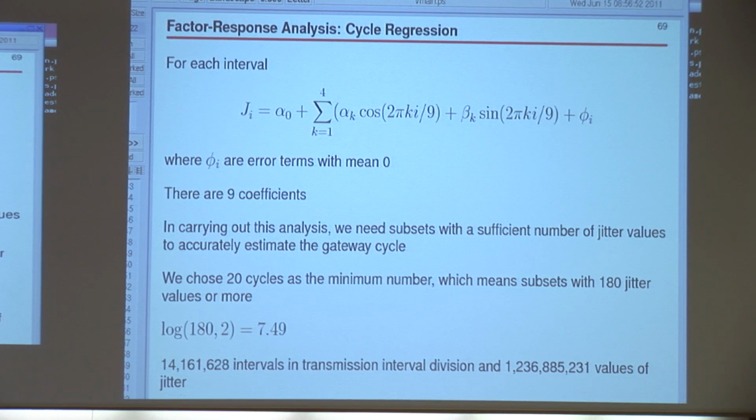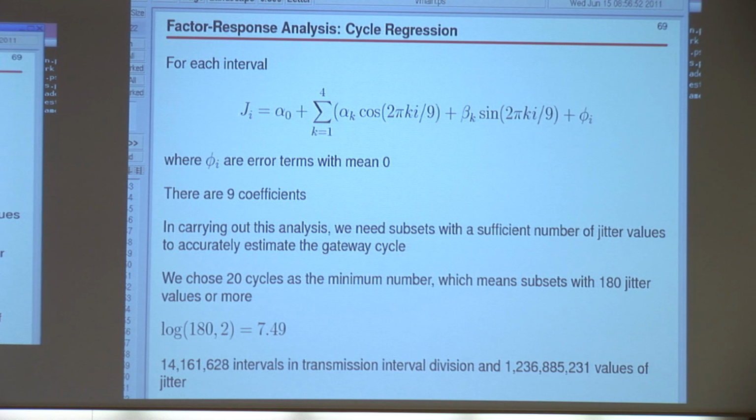If we have intervals that are very short, then it's going to be hard to get a good estimate. Obviously, if there are fewer than 9 values, we're in real trouble. But you want to have a number of replications of the cycle if you expect to get a pretty good estimate of the underlying cycle behavior.